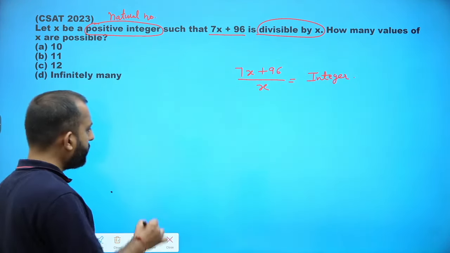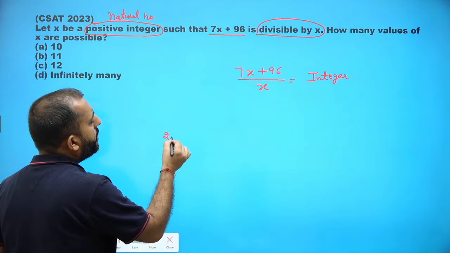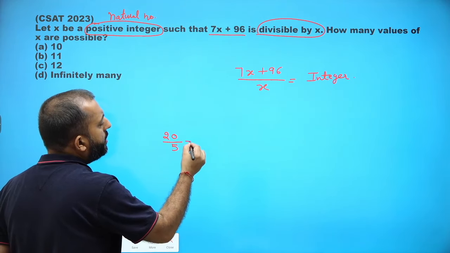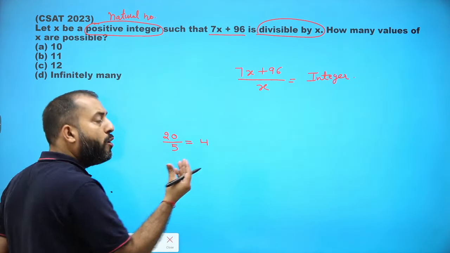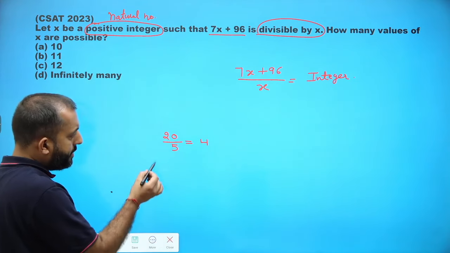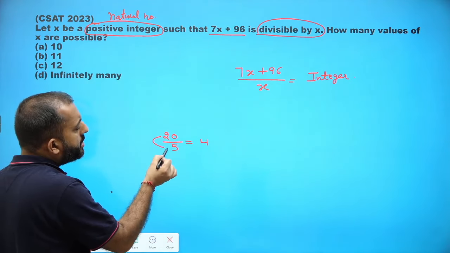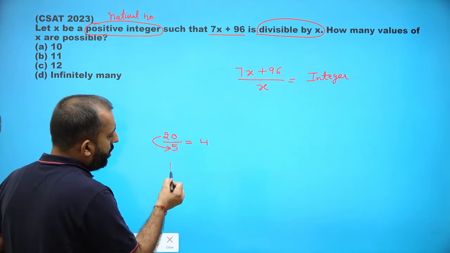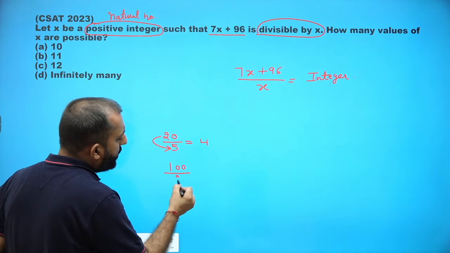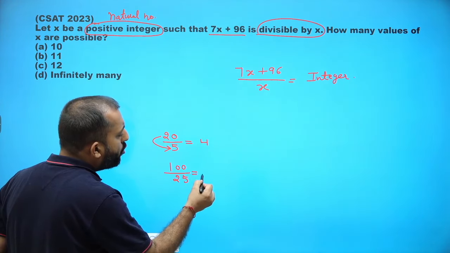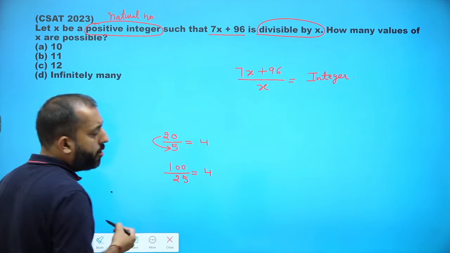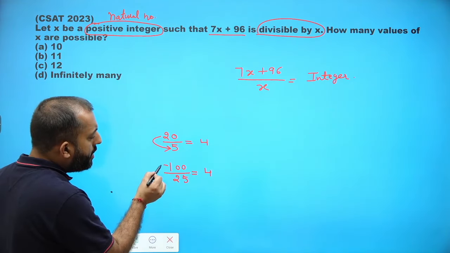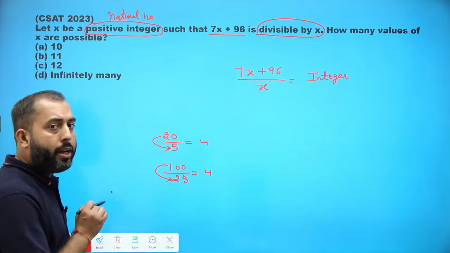For example, if you divide 20 by 5, in the result you will get a complete value which is 4. So I can say 20 is completely divisible by 5. Suppose you are dividing 100 by 25 and in the answer you got a complete value which is 4. So you can say 100 is completely divisible by 25.